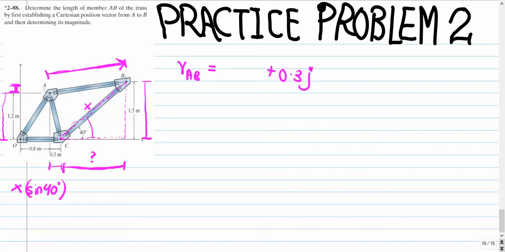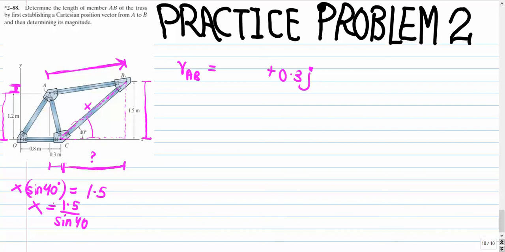So this length x multiplied by sine of 40 degrees should give us 1.5. I simply applied the sine identity on this triangle, and by applying that I got x sine of 40 degrees is equal to 1.5. Now solving for x, we get x should be equal to 1.5 divided by sine of 40 degrees.